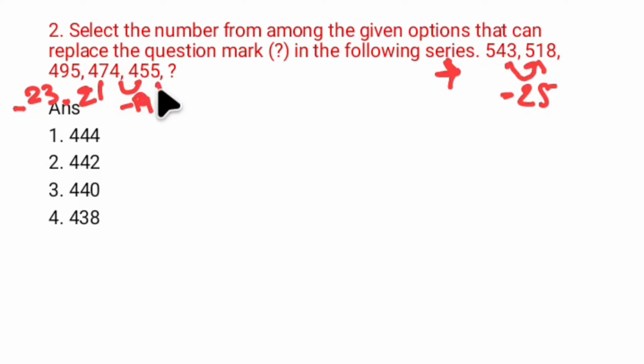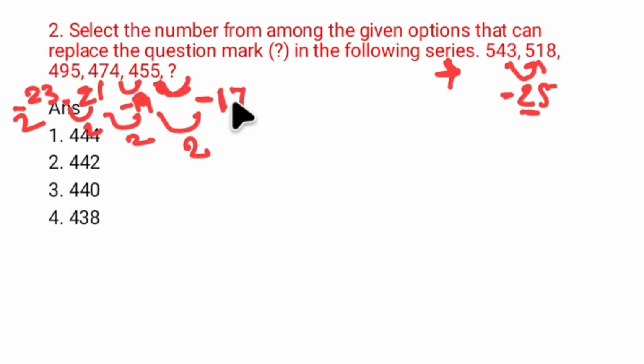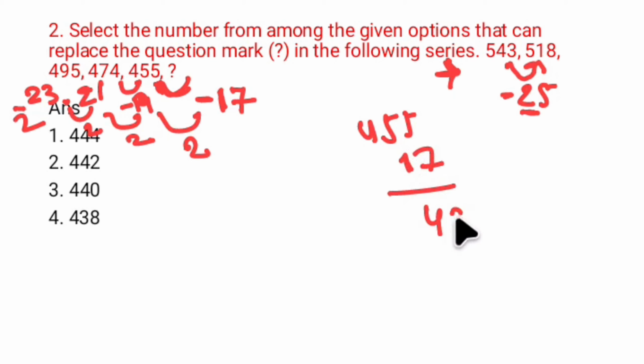So what will come again after this? If you take the difference of these differences, here 2, here 2, here also 2, and then the next one would also be 2. So therefore minus 17. 455 minus 17, how much? 438. So therefore option 4 would be the correct option for question number 2.